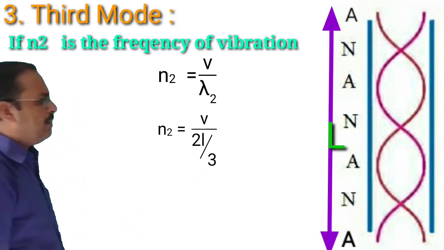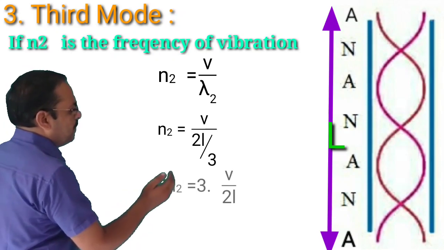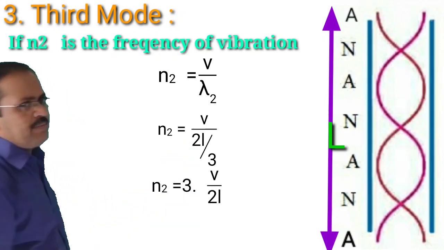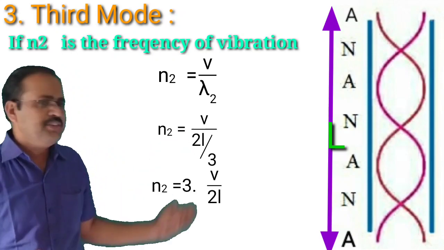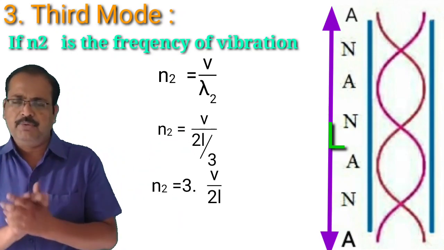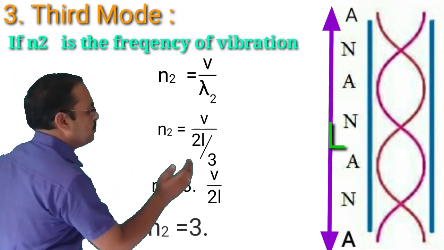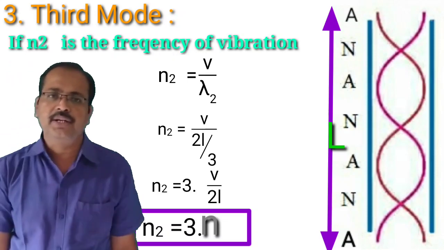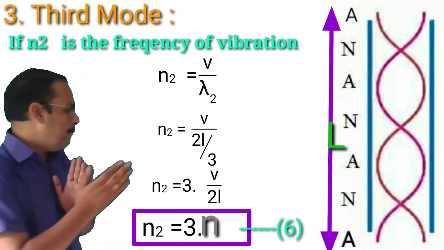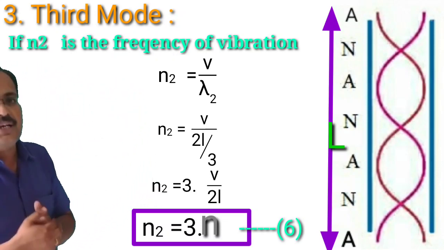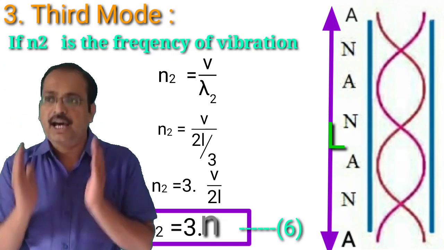Adjusting this, N2 is equal to 3 into V upon twice L, and V upon twice L means fundamental frequency. Therefore, N2 is equal to 3N. This is equation number 6, and this is the frequency of the second overtone or third harmonic.